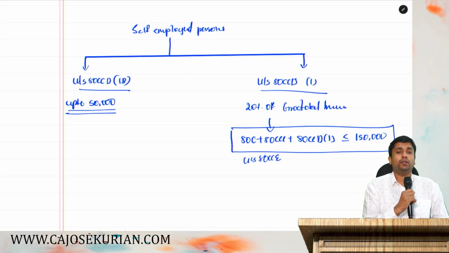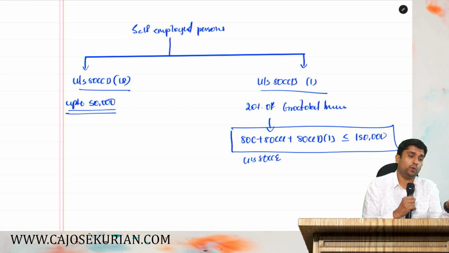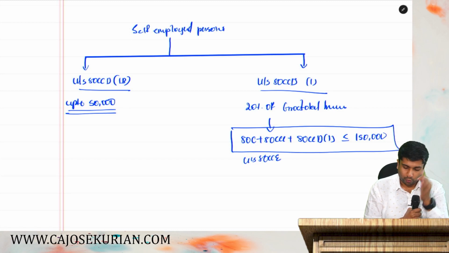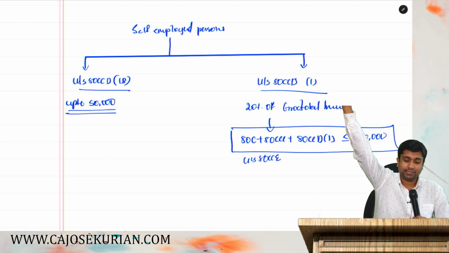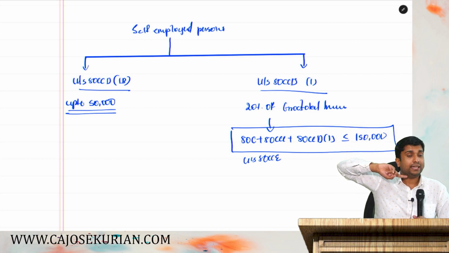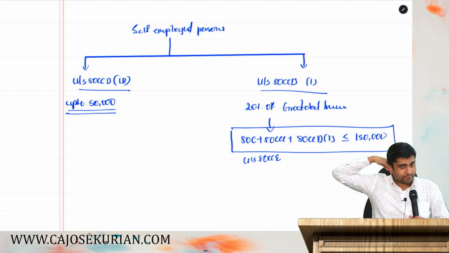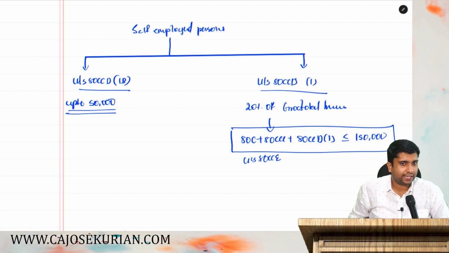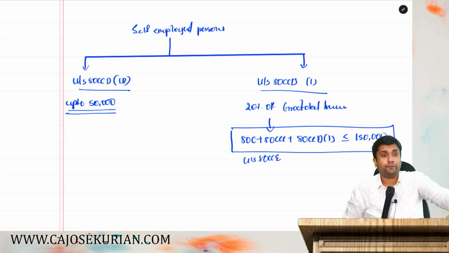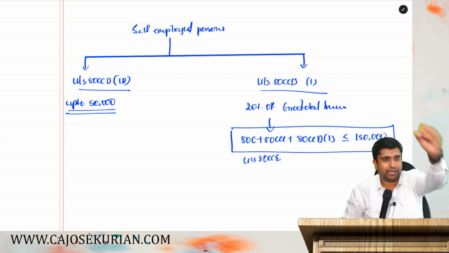So listen, self-employed persons. What do you mean by a self-employed person? A person who is doing a job on his own. He doesn't have an employer. So there is no employer contribution in that scenario. So what you need to do is, the self-employed person's contribution has to be split into two. He can maintain a National Pension Scheme. He himself can deposit into that particular scheme and take the deduction. If he himself deposits into that scheme, up to 50,000 he can claim it as a deduction without any limit at all.